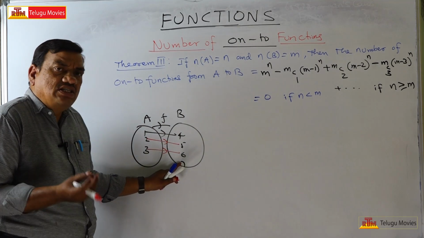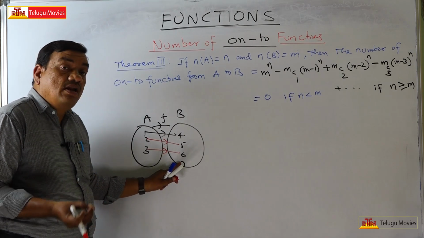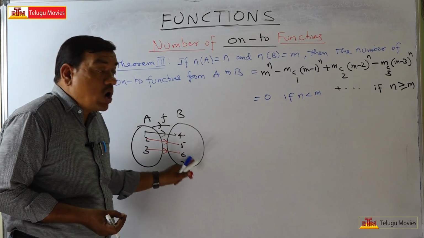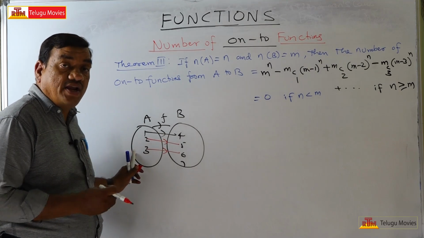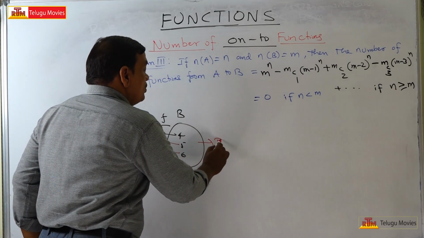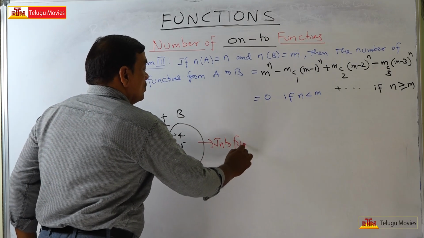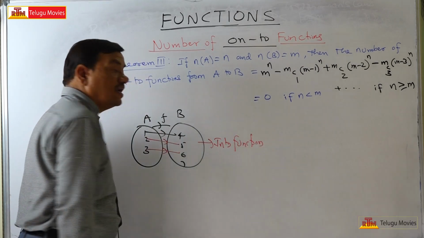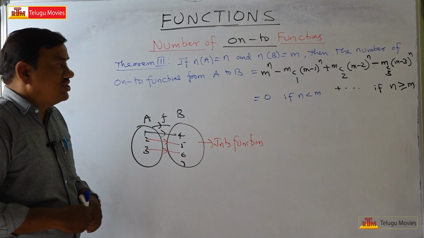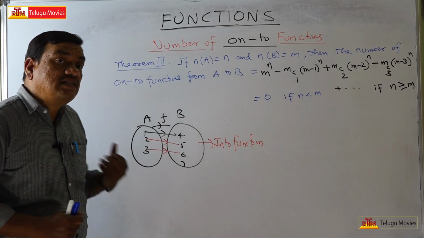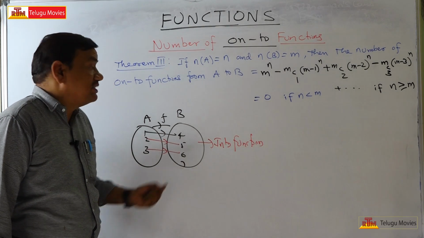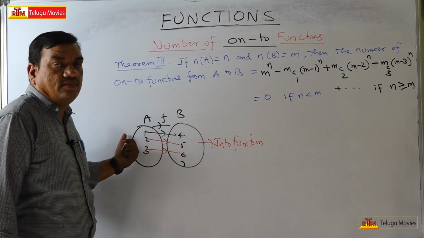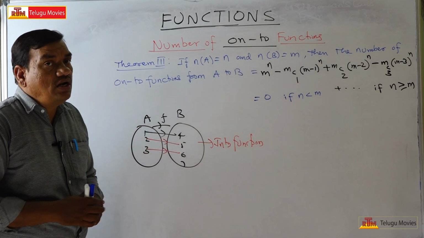If at least one element is there which is not mapped onto any element of A, then we call it an into function. Understand this? That means if at least one element is present in B which is not mapped, then that function is called an into function.